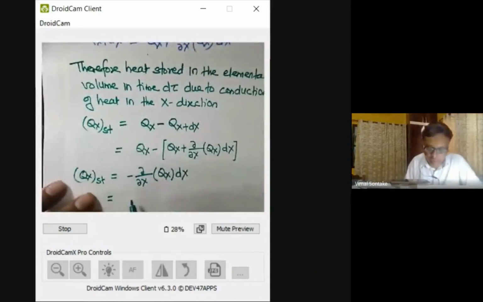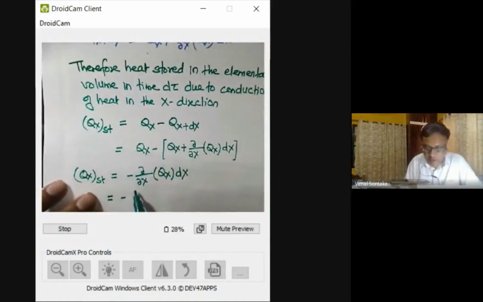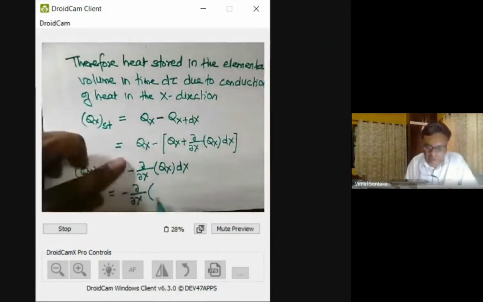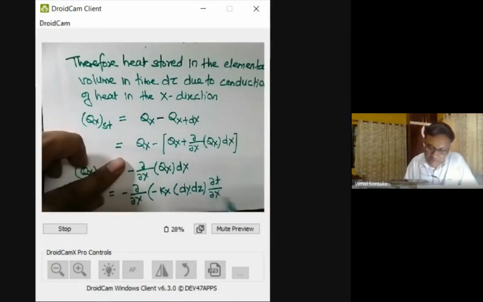If I put that expression for Qx from Fourier's law of heat conduction in this expression, I will get del over del x of minus kx dy into dz multiplied by del t over del x into dx.